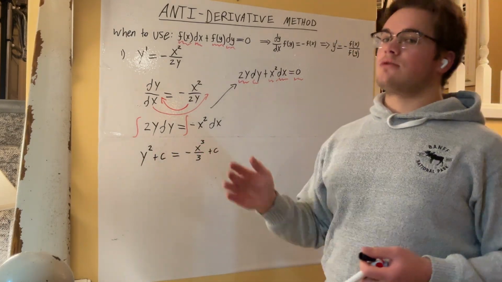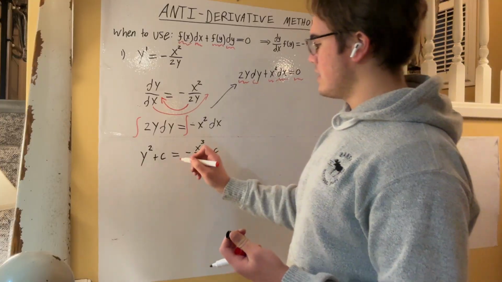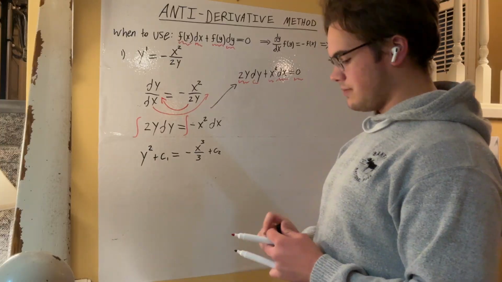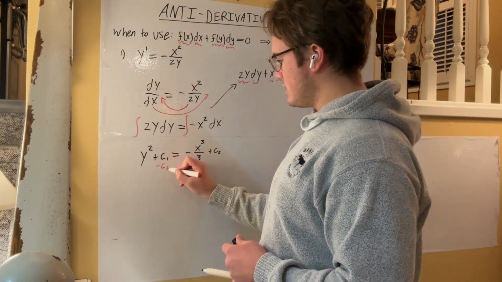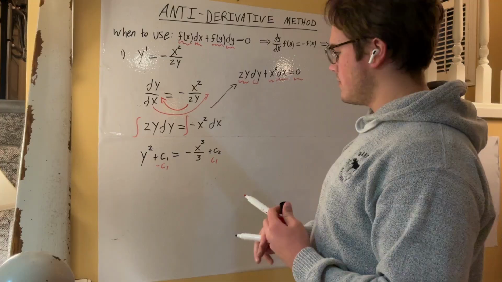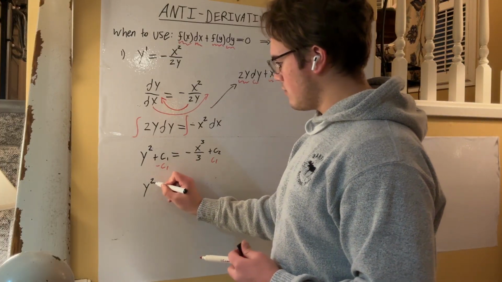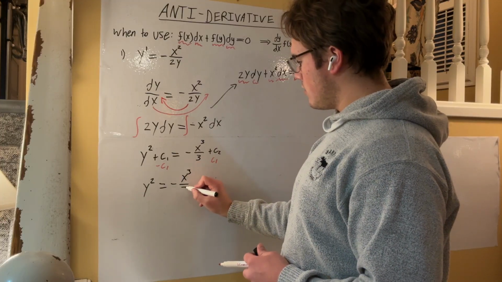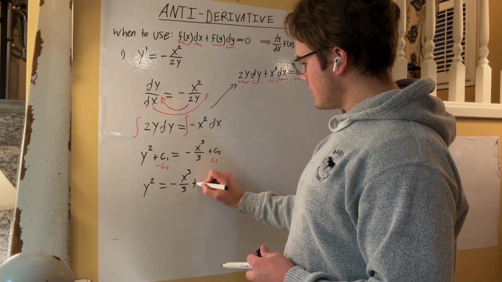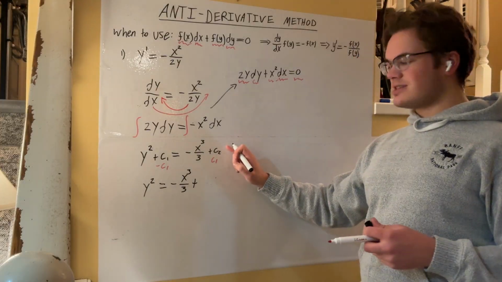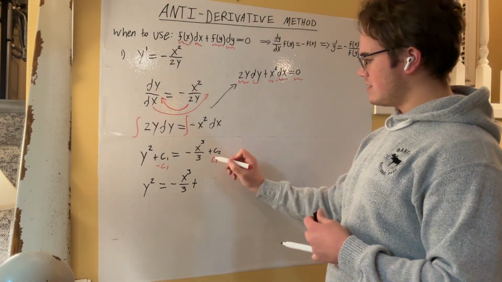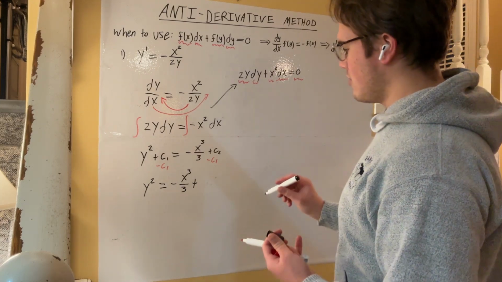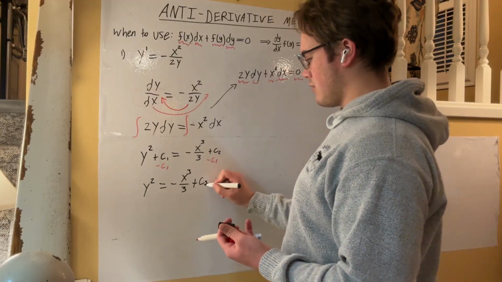We just have to isolate the y term. So I'm just going to subtract c1 on either side. So we're going to end up with y squared equals negative x cubed over 3 plus an arbitrary constant. A c2 minus c1 is still an arbitrary constant, so we're just going to say plus c3.